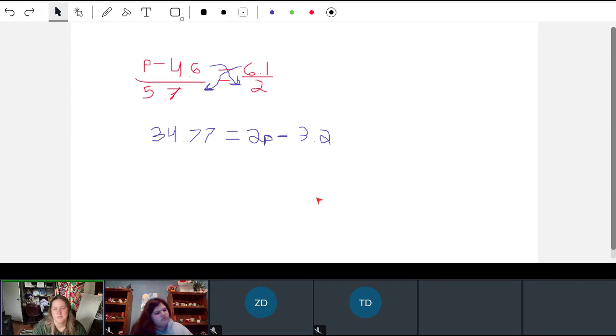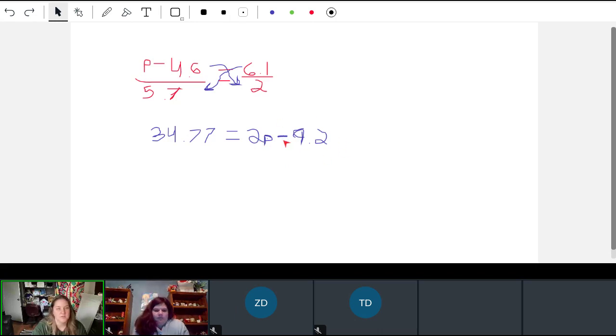What does that say? Type that in again. 2 times 4.6. Good. 9.2.